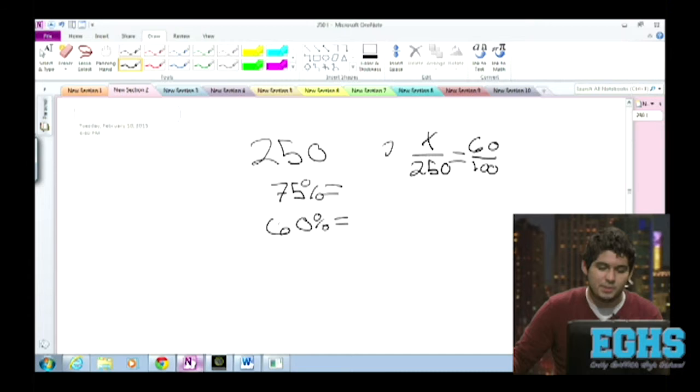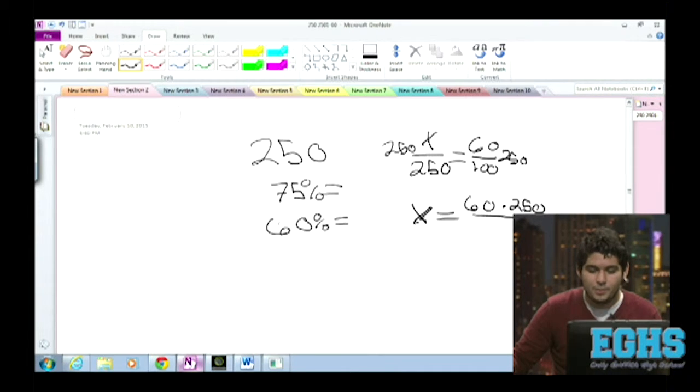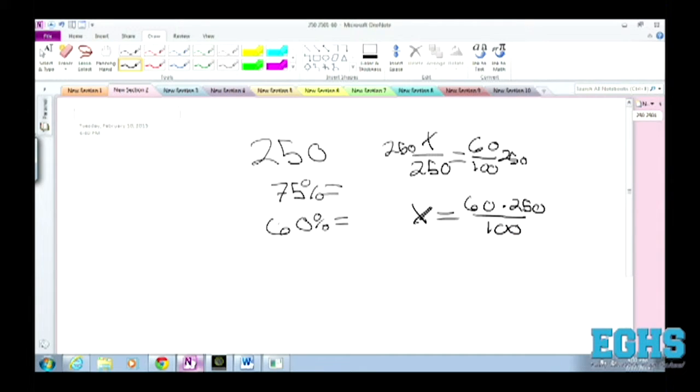So we multiply both sides by 250, and what we're going to get is x equals 60 times 250 over 100. And I kind of don't feel like doing this in my head, although it would be 75 plus 75, which is going to get me 150.